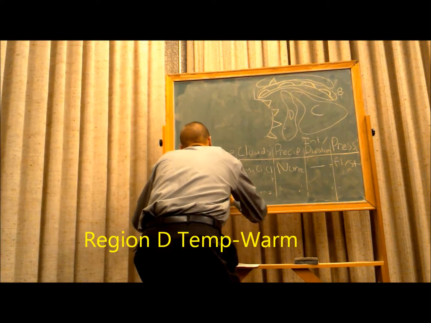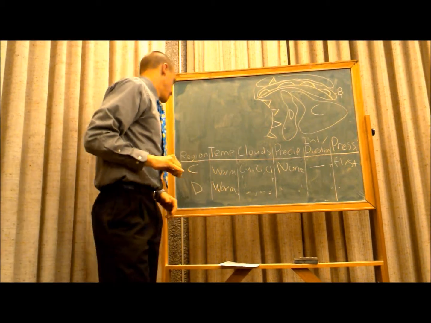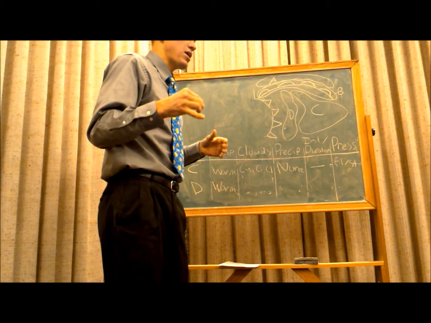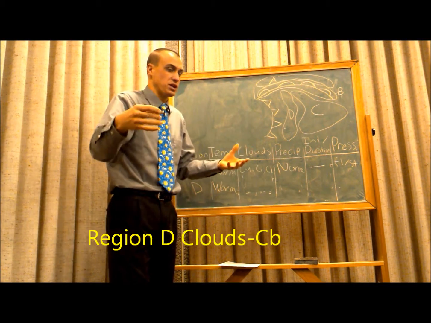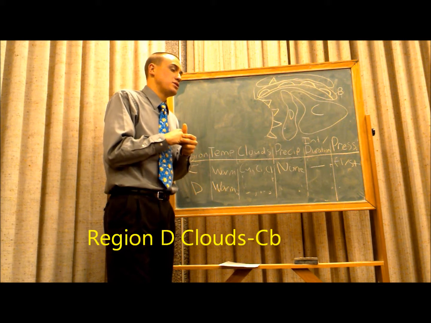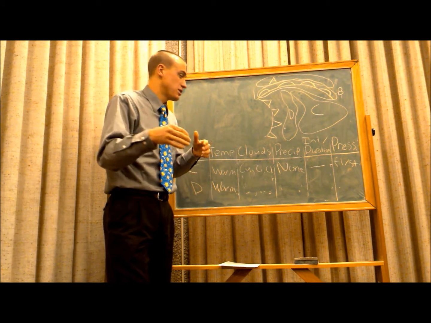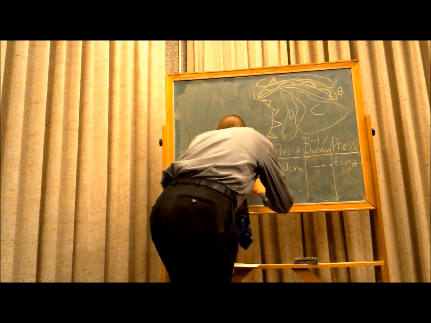We have a warm front. Okay? And the clouds here are cumulonimbus. Now, these clouds are the big thunderstorm producing clouds. All right? So cumulonimbus clouds are the cloud type that's present here.